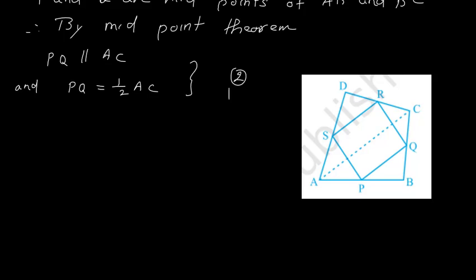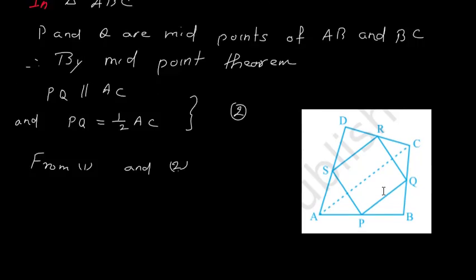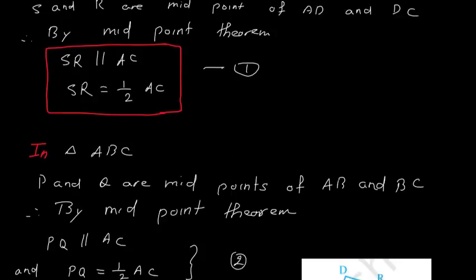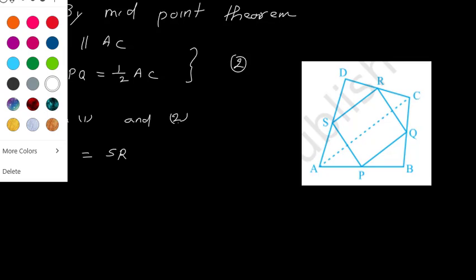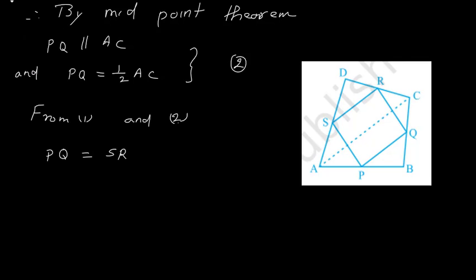Second is PQ is parallel to AC and PQ is half of AC. Now from 1 and 2, we have SR parallel to AC and PQ parallel to AC, and also half of AC each. That means PQ and SR are equal. What we have to prove? That PQ and SR are equal. So from 1 and 2, I will say that PQ is equal to SR. Okay, this we have shown. Let us put PQ equals SR in the box.